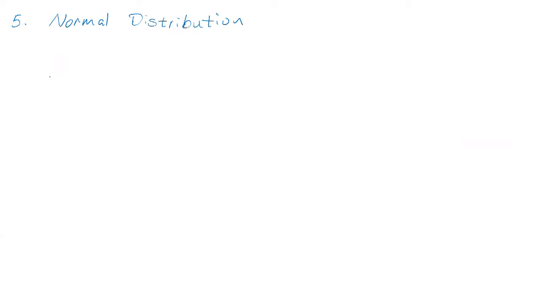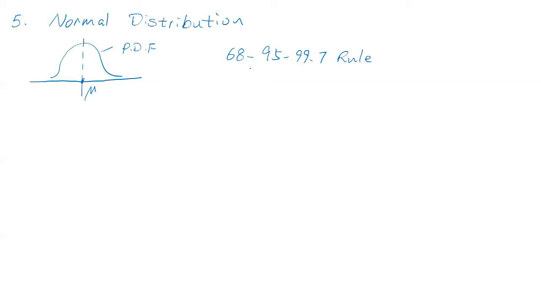Okay, remember that the normal distribution has a bell-shaped probability density function, and the axis of symmetry is always its mean. And there is the 68, 95, 99.7 rule. You need to know what this rule means.